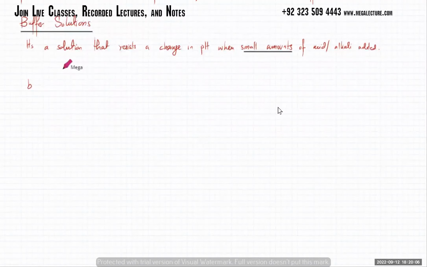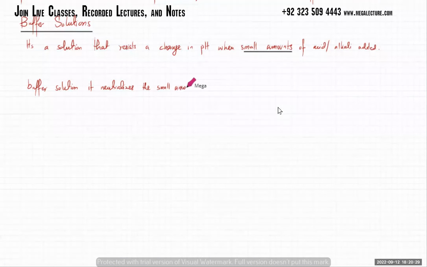So a buffer solution, उसकी जो working है, it neutralizes the small amount of acid or alkali added.